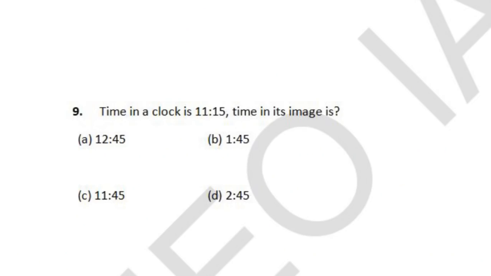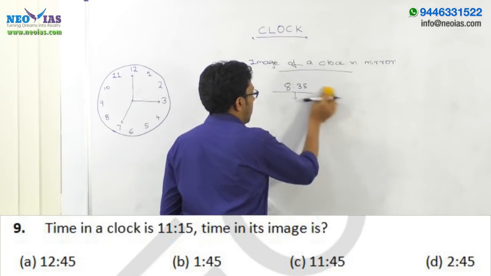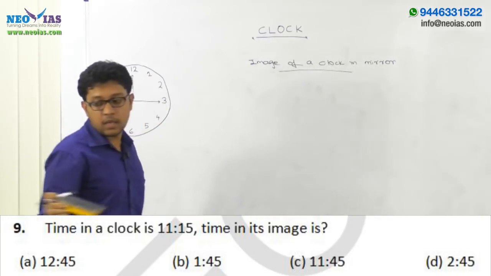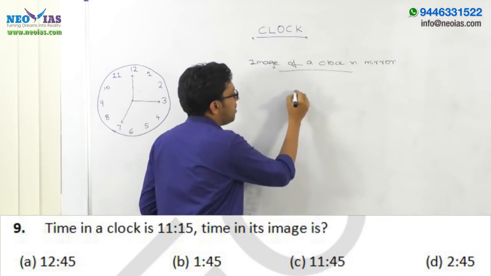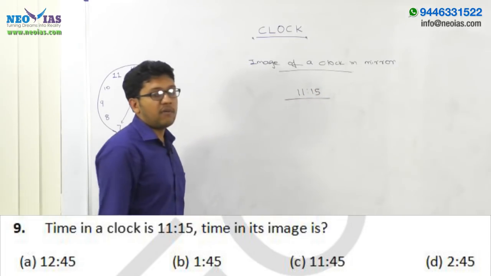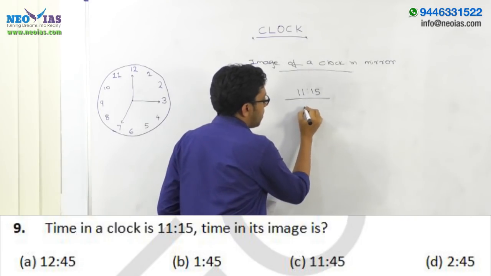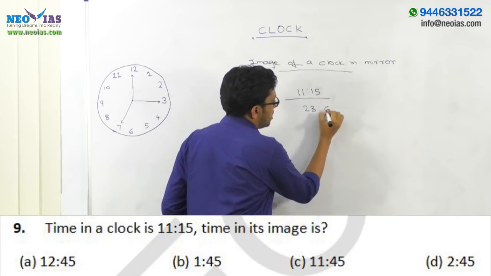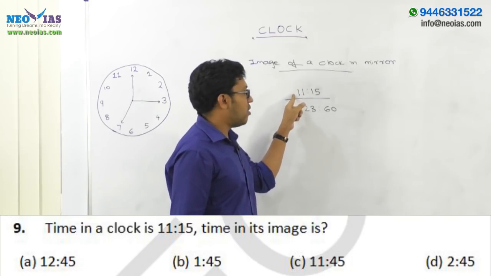Okay, the next question is, time in a clock is 11:15. Time in its image is? If a time between 11 o'clock and 1 o'clock is given, here the time given is 11:15, just subtract it from 23:60, because the time is between 11 o'clock and 1 o'clock.